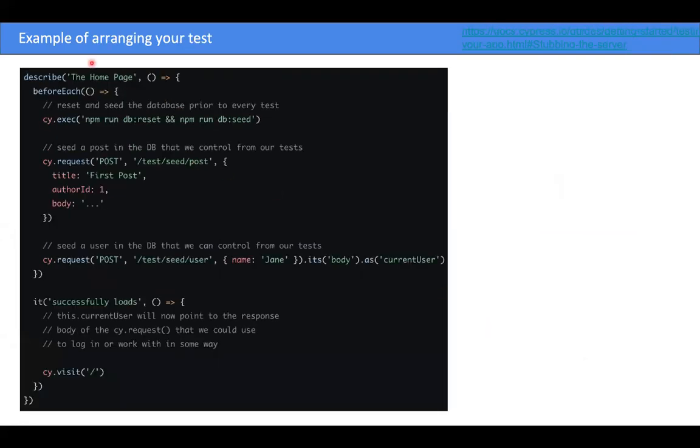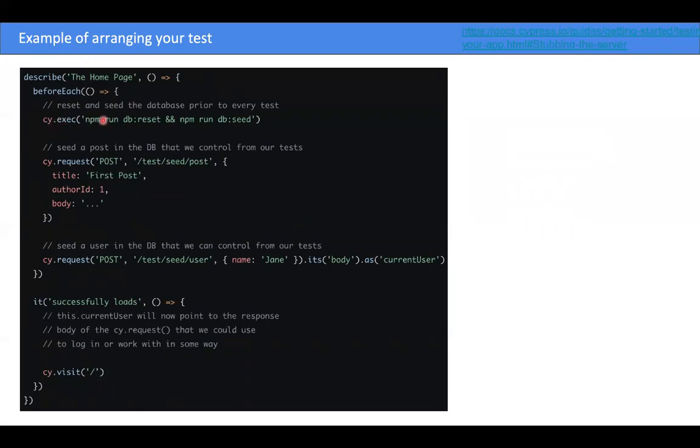Now for an example of arranging your test with Cypress. In the before, you see already that you have similar things like describe, and the assertions you will see are very similar as well. Now instead of test, you use it, but it's the same thing. So in beforeEach, you can prepare your test.